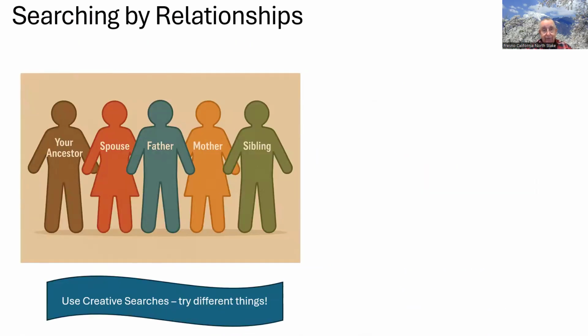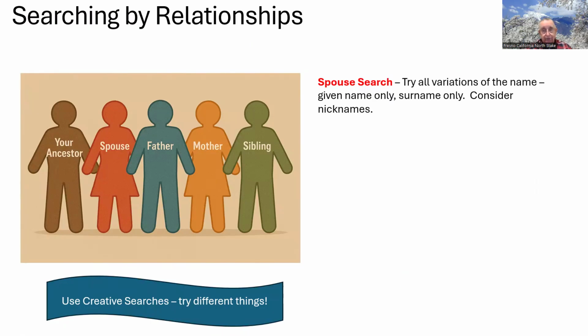Okay, when you're searching by relationships, do remember you need to be creative. If you're doing a spouse search, like say you're looking for a marriage and you want to include the spouse, you need to know if it's a woman, whether she was married before or not, because the first time she marries, you usually will find her listed under her maiden name. On marriage 2, you're going to find her most of the time listed under the marriage 1 surname.